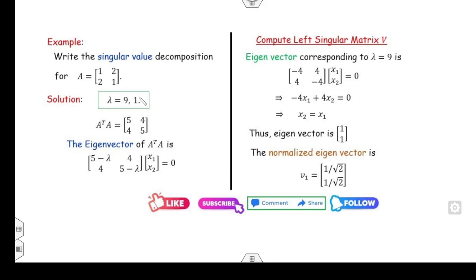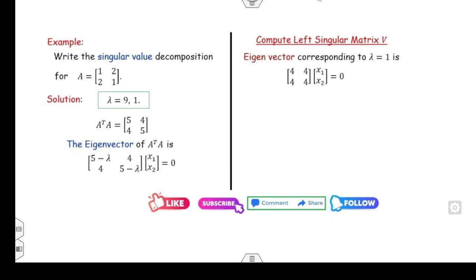Fine. Similarly, I can substitute lambda equal to 1 in equation number 1 and find the eigenvector corresponding to lambda equal to 1. Again, I can delete the last equation. So you will get 4x1 plus 4x2 equal to 0, which implies x1 is equal to minus x2. I can write this as k.